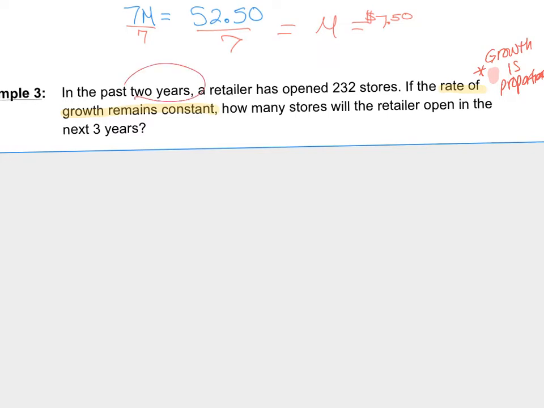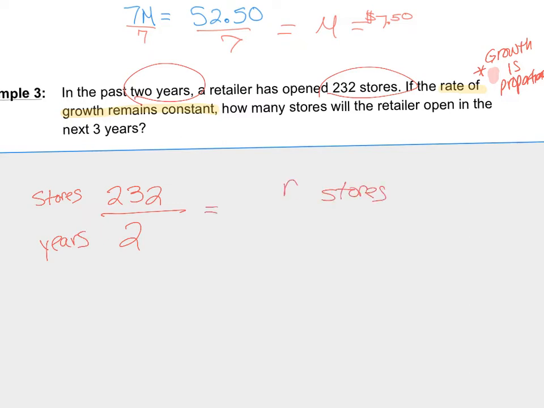So if in 2 years they open 232 stores, you could say 232 stores is related to the 2 years. So number of stores is related to number of years, in the same way that how many stores in 3 years?